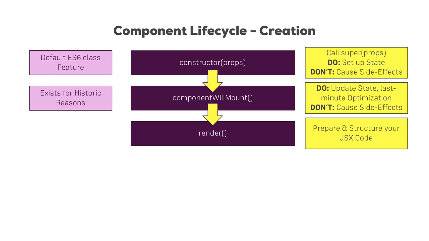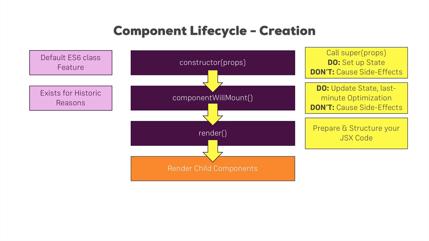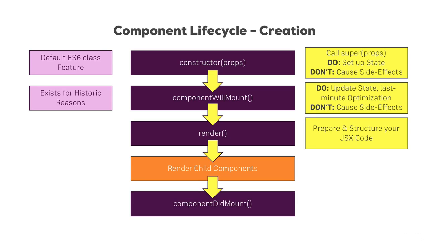Because in the end, once you called render and defined your JSX code, it also knows which other components you included in there, like the persons component in our demo project. So it will then go ahead and render all these child components, basically executing this process for every child component. And thereafter, it will call component did mount to basically tell you that this component was successfully mounted.